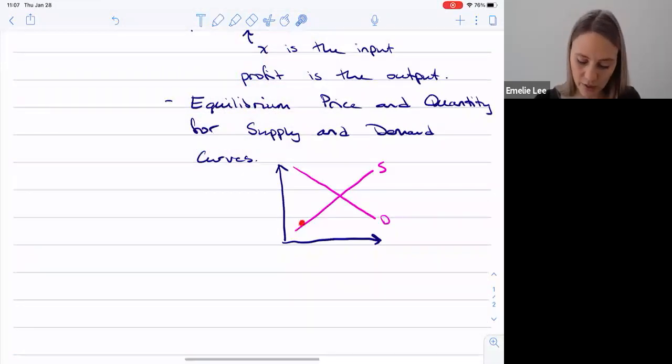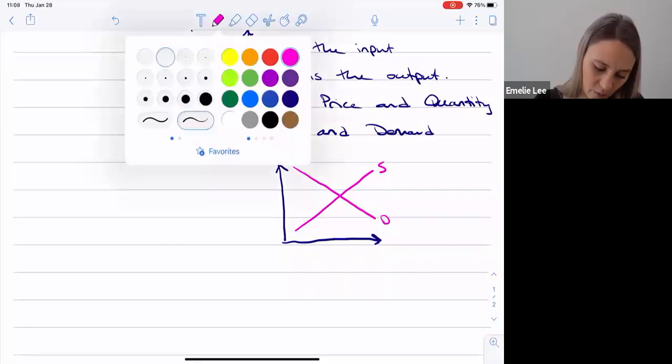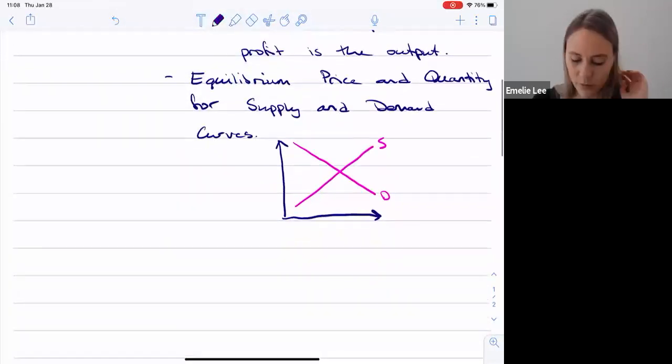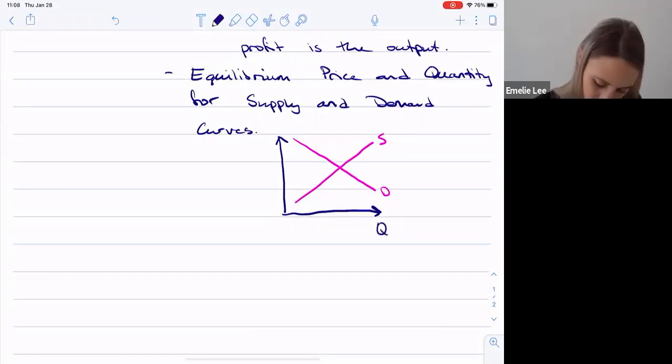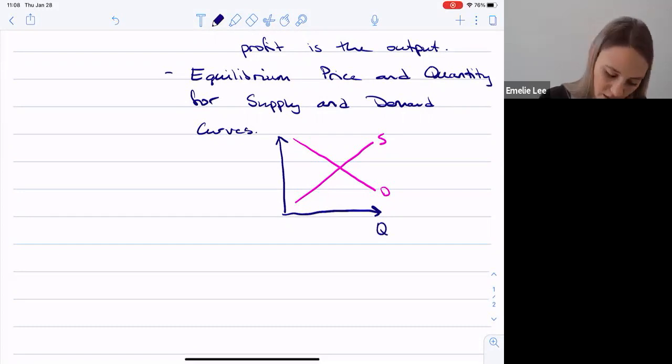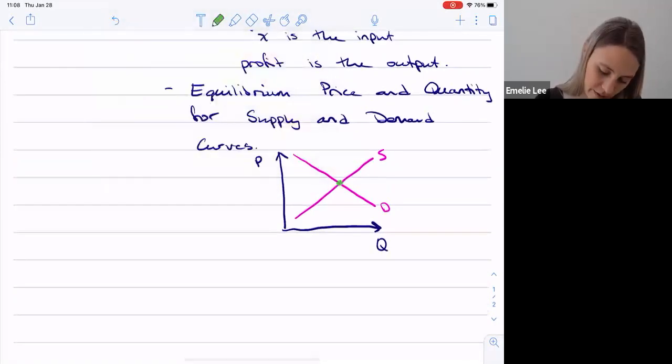So we talked about positive slopes and negative slopes. And as a rule, the quantity goes on the x-axis and the price goes on the y-axis. Okay, and then this here is the equilibrium.